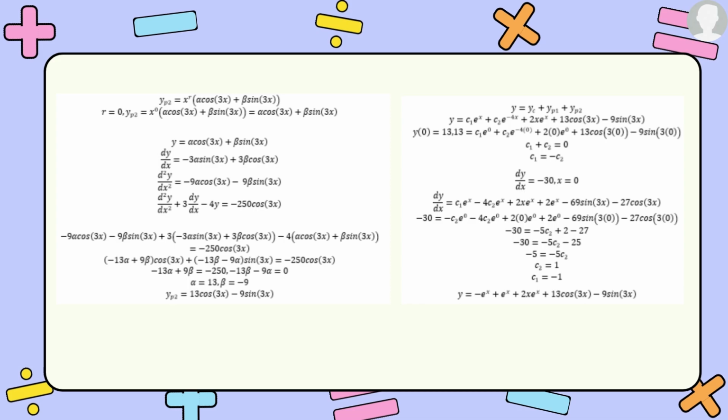We substitute x with 0, then we will get c1 plus c2 is equal to 0. So c1 is equal to negative c2. So dy dx equals negative 13 when x equals 0.